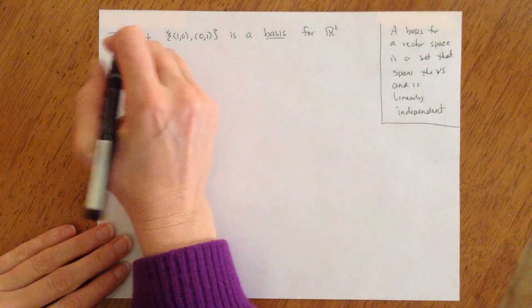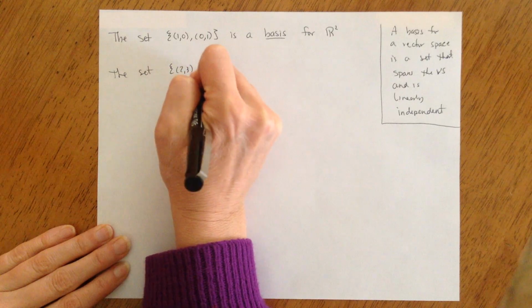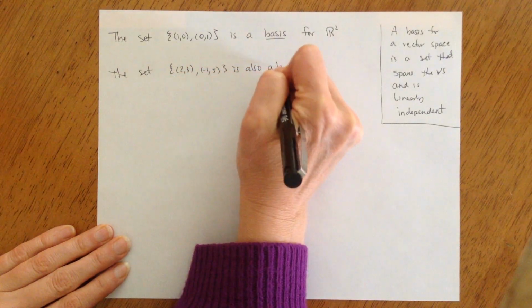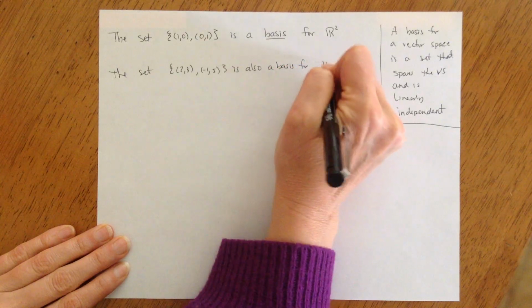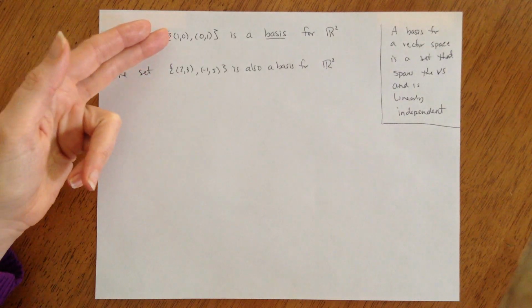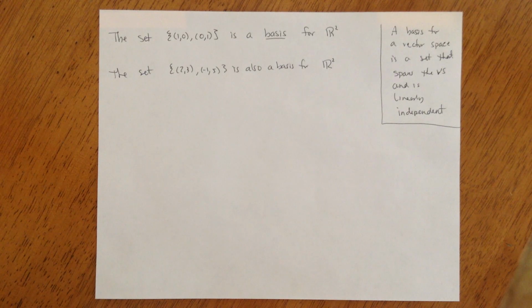So the set 2, 3, and -1, 5 is also a basis for R2 because it's linearly independent, which you can check, and it spans all of R2, which you can also check. And you'll notice that both of these sets that are bases for R2 have two elements in them.